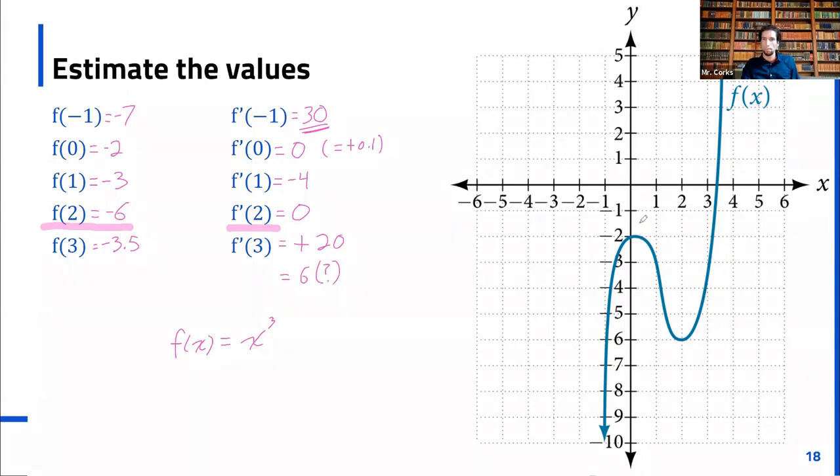From 0 to 2. Okay, so about there to about there. So where x is 0 to where x is equal to 2. These are all negative slopes. Some very negative, some very, very close to 0, but those are all negative.